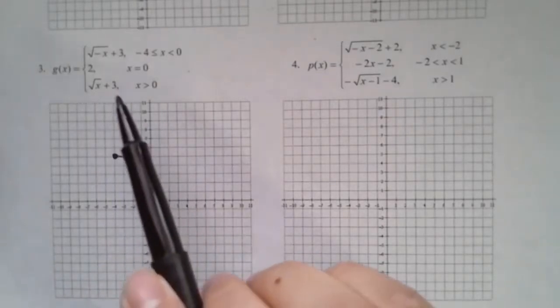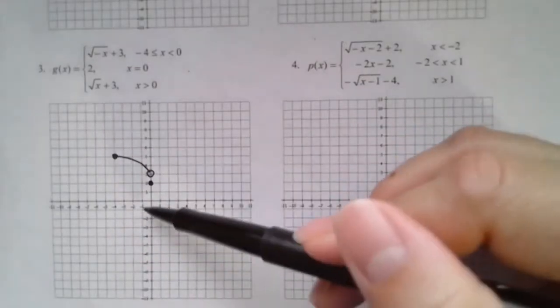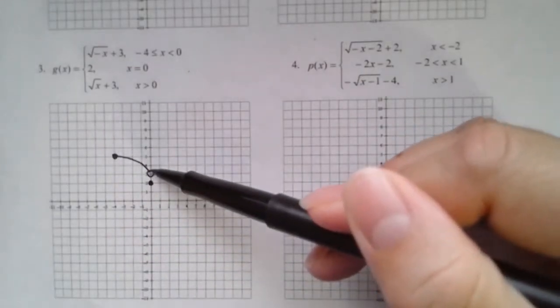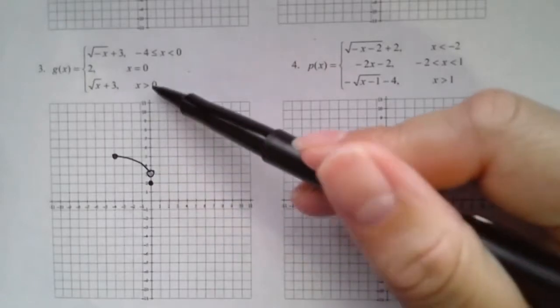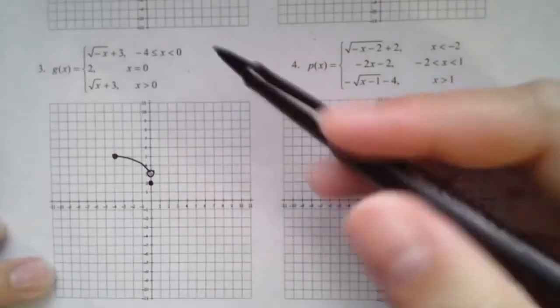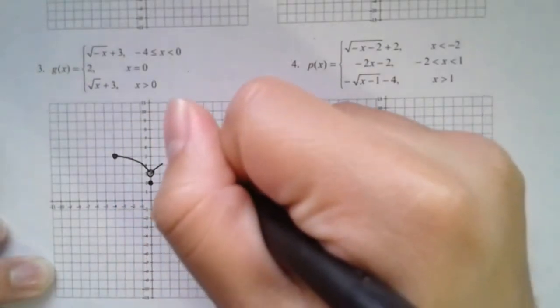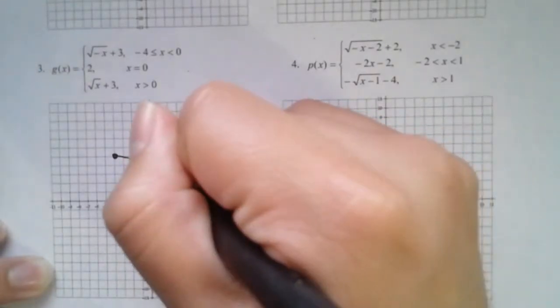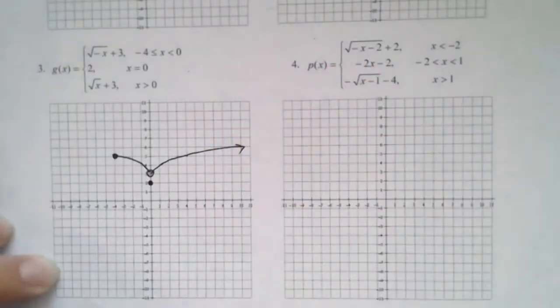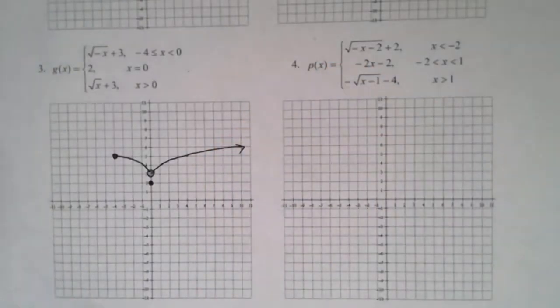But I'm going to shift up 3. So if I shift up 3, I'm right here again, right at this open circle, and it is open here as well. And then I know from here, it's going to go just like this. And that's it. That's number 3.